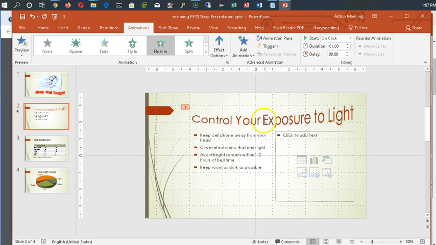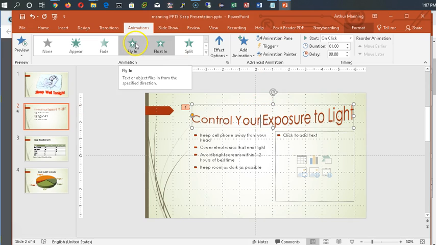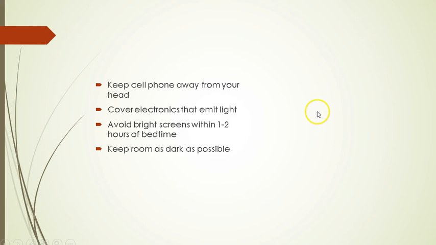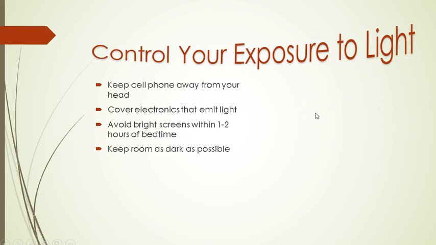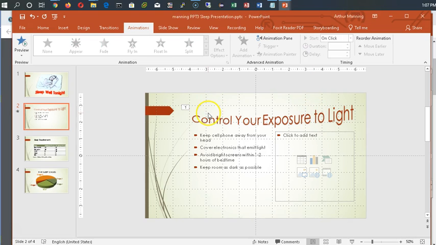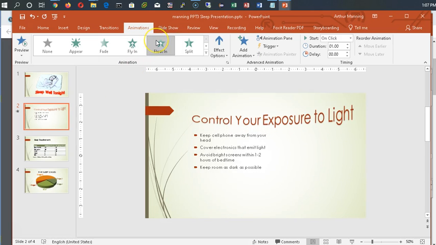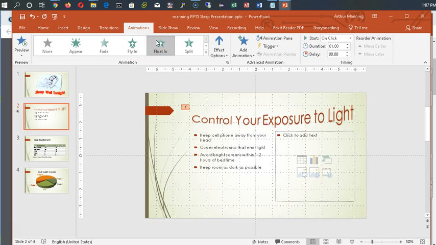If I decide I want that to be fly in instead, I could just click fly in and it changes the one I used. And now see how different fly in is. It flies all the way from the bottom. So float in or fly in, I can always change it by clicking a different green one. Now that's my entrance. Remember, entrance means you don't see it. It's not visible until that animation happens.